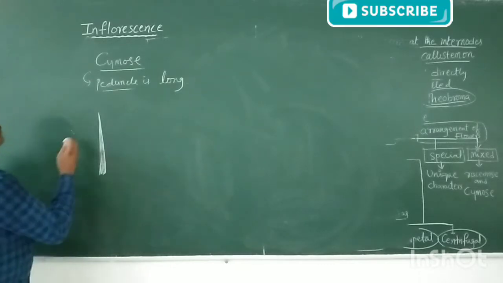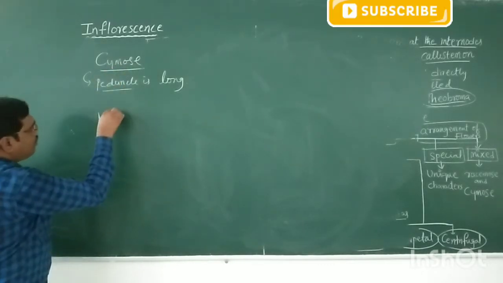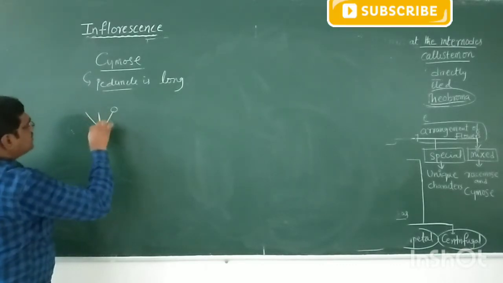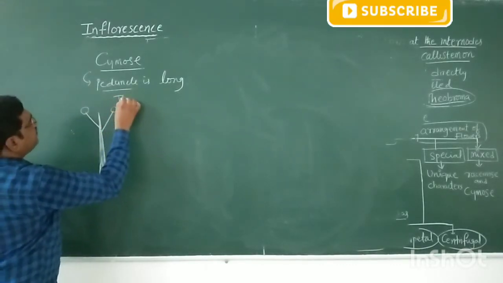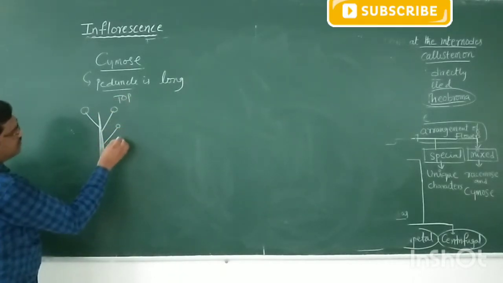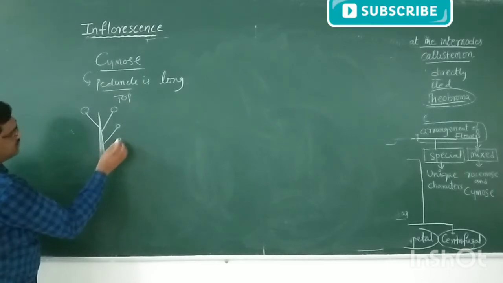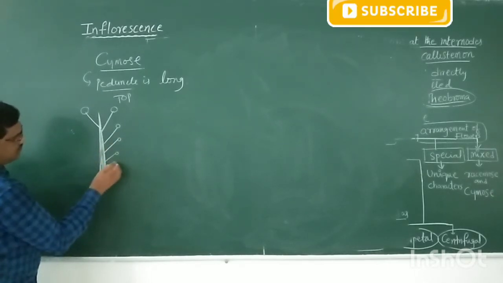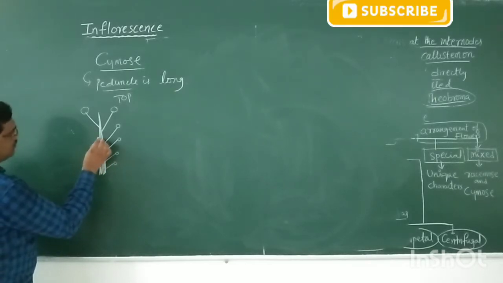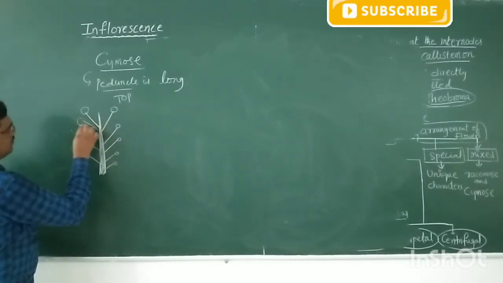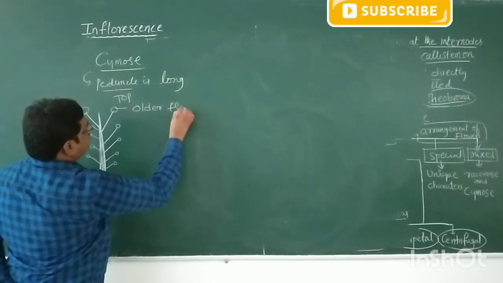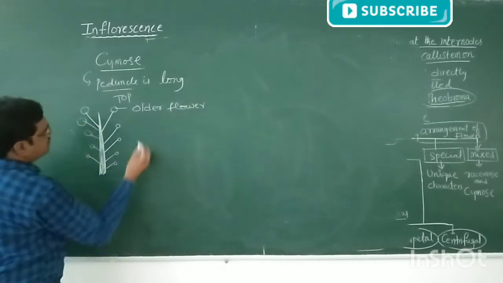So here in cymose, the older flowers are present at the top of the peduncle, and gradually the flowers decrease. Like, see here. These are older flowers.